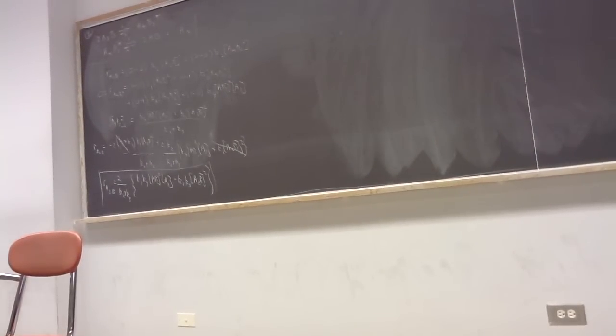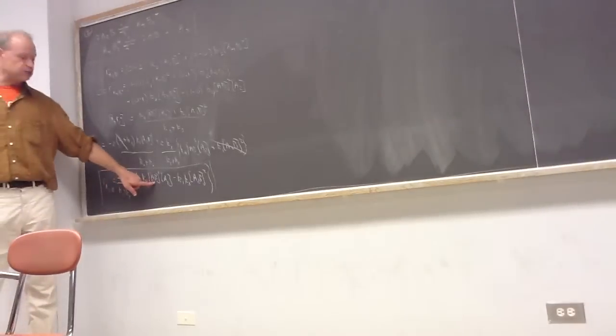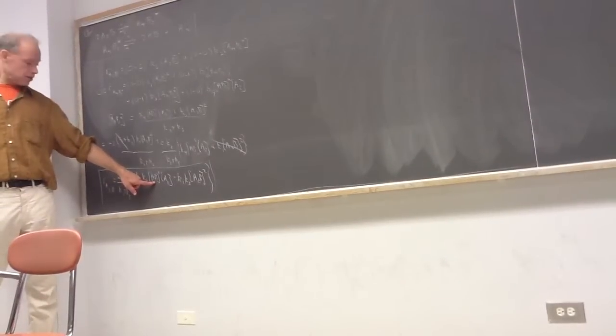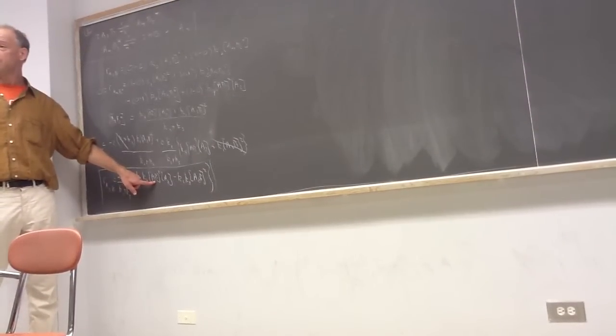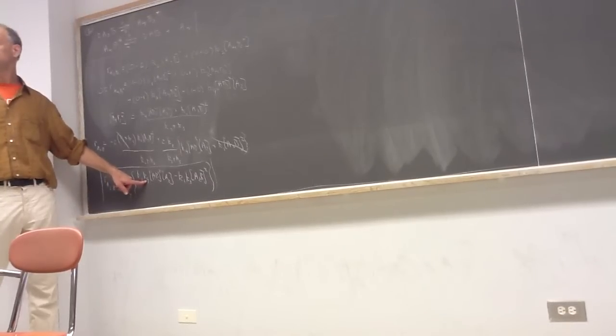The first piece of data that's useful is let's look at data number 3. The rate does not depend on AB. Well, notice this equation depends on AB. In order for this not to depend on AB, either K2 or K4 has to be 0.